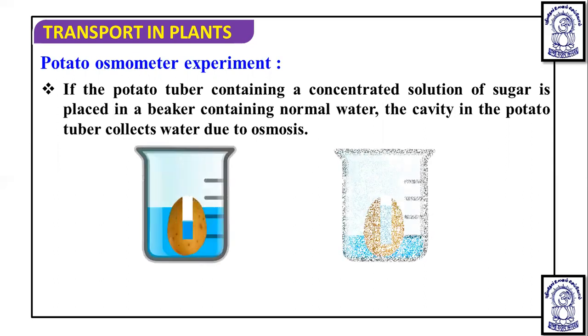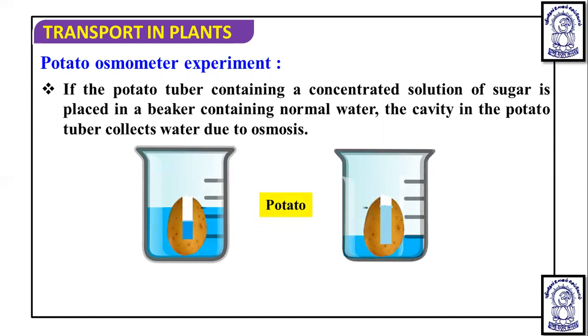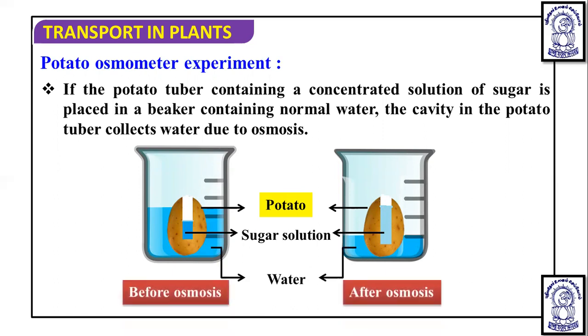So see, this is the diagram. Both of these are potatoes, and in the center you can see the cavity, which has a sugar solution, and both beakers have water. Before osmosis, you can see the sugar solution level is this much.